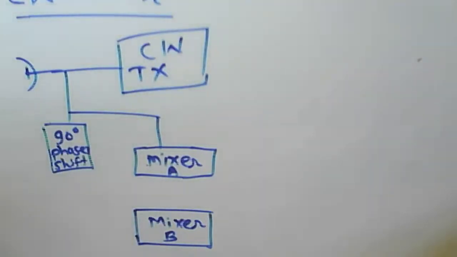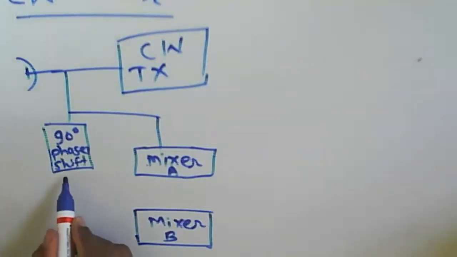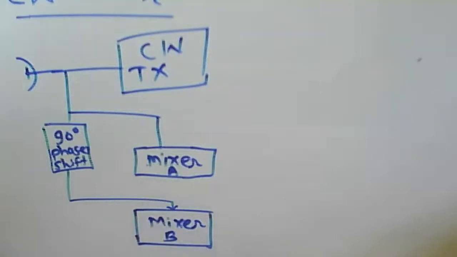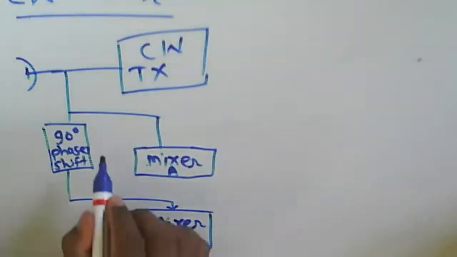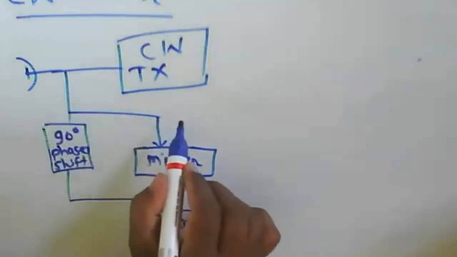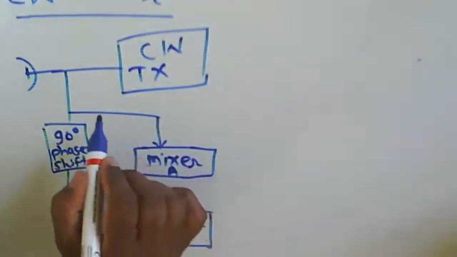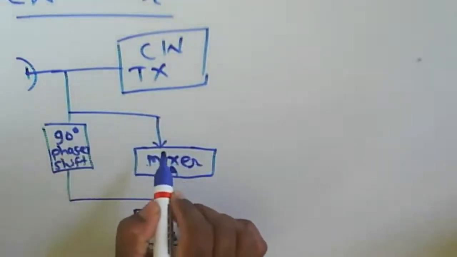This one is about a 90-degree phase shift, and that 90-degree phase shift is to be applied to the other mixer. So mixer A has a signal that we consider the echo signal, mixer B, whichever the signal is there, that phase is to be shifted.